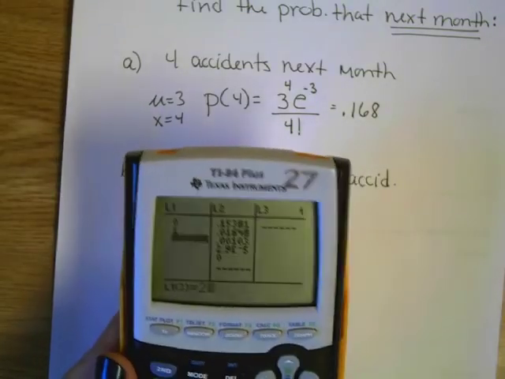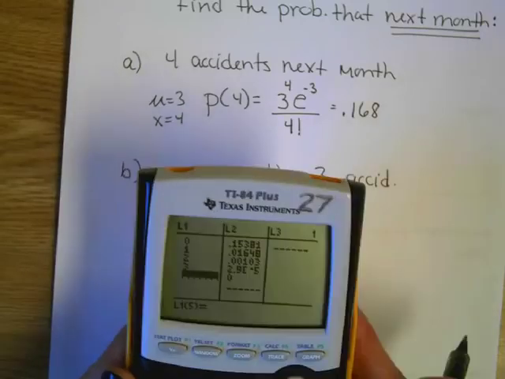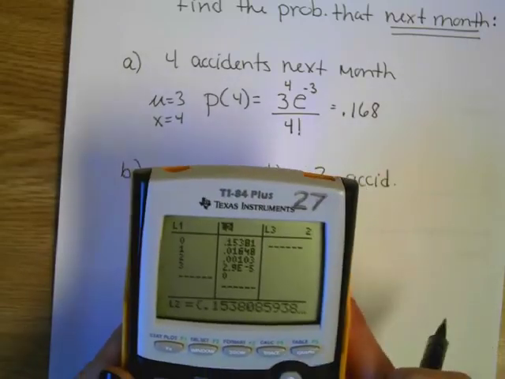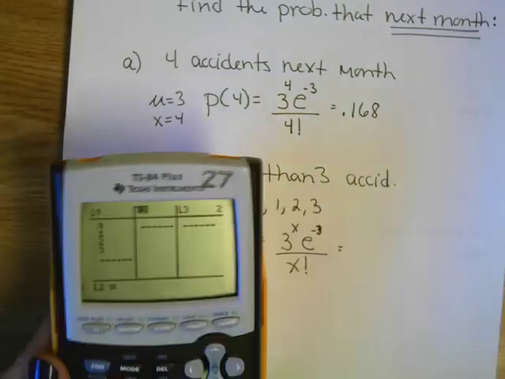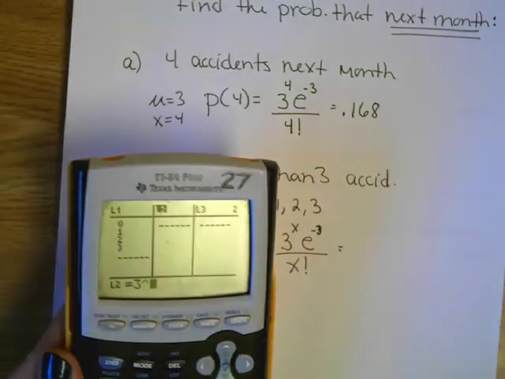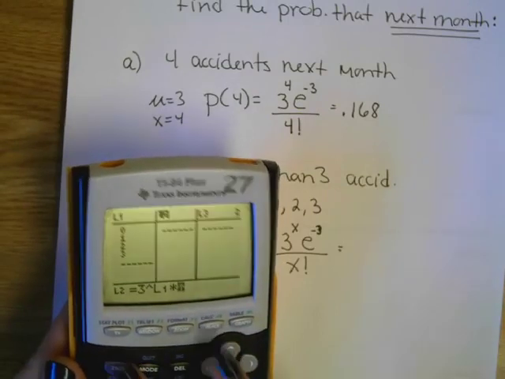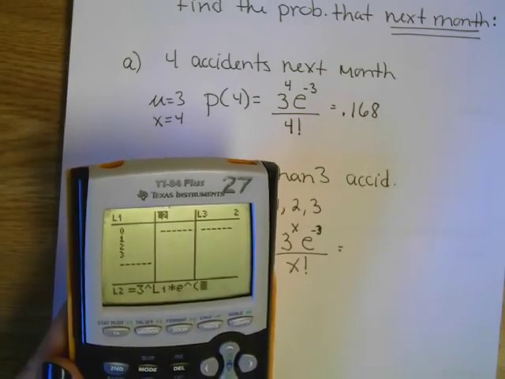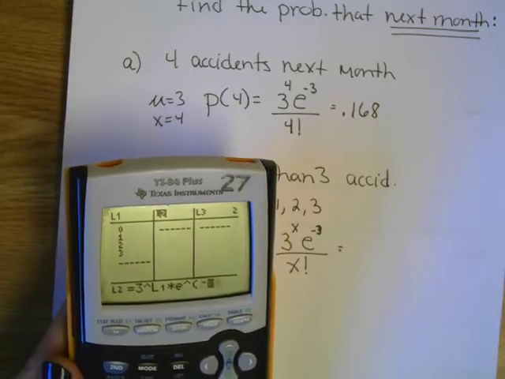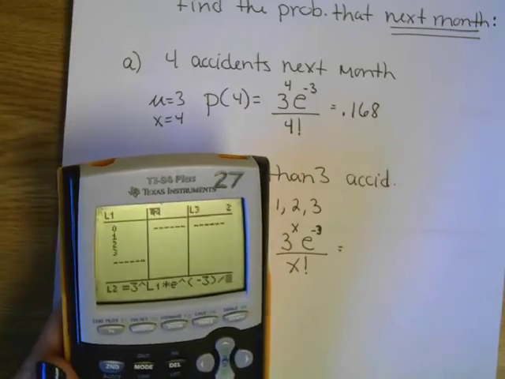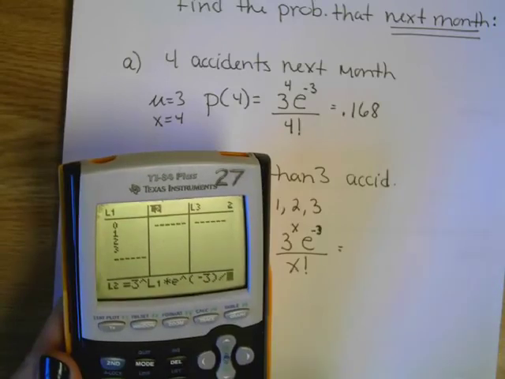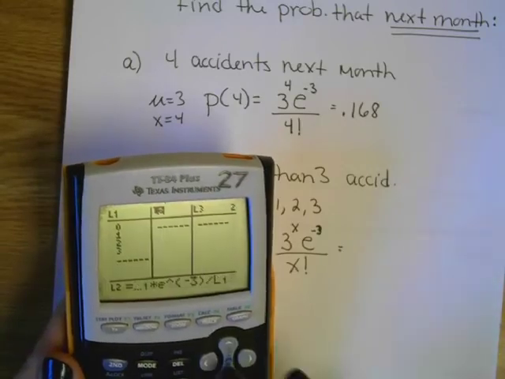Clear. And then we're going to put in our formula. 3 raised to the L1 times e raised to the -3 divided by, you don't need parentheses, L1 factorial.